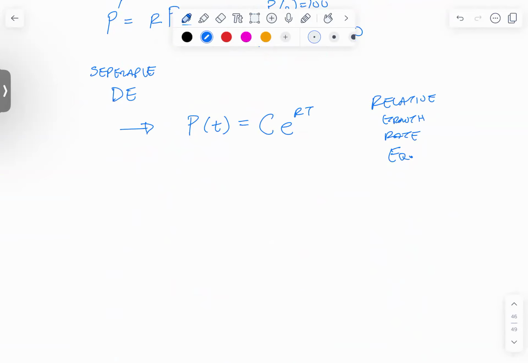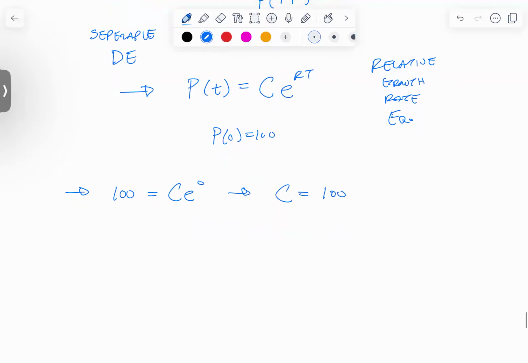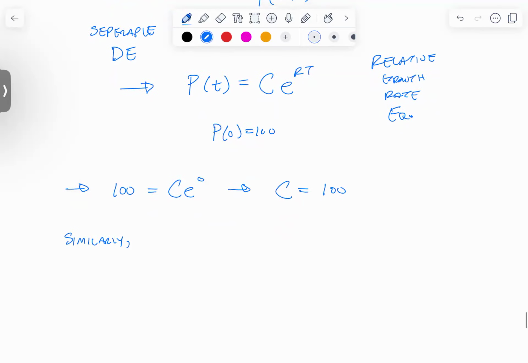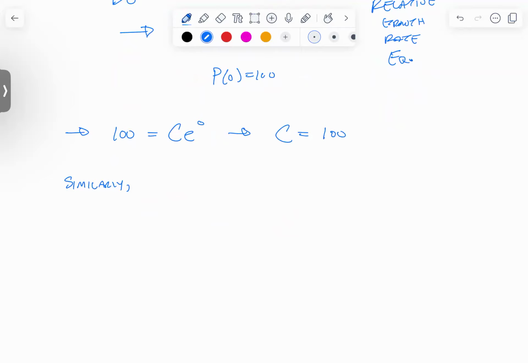Okay, so with that, we can identify that P of 0 is 100, which means 100 equals C e to the 0, which gives us our C value. Similarly, then I need to apply the other condition.